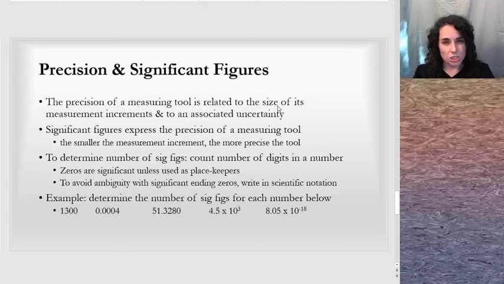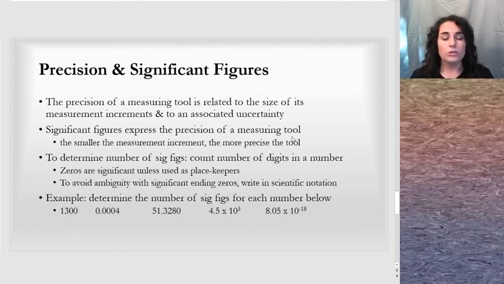And so the precision of a tool is limited, whether it be the simple idea of a ruler or other ways that we measure, microscopes, etc., right? What we talk about is the significant figures, or how well that number was measured, which expresses the precision of the measuring tool.